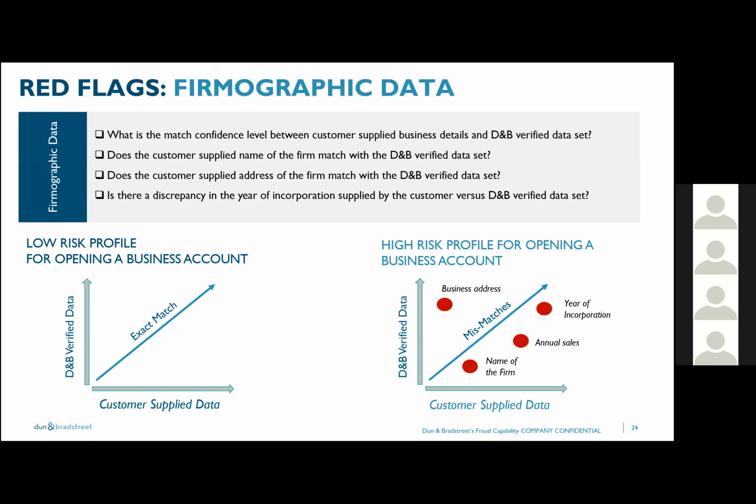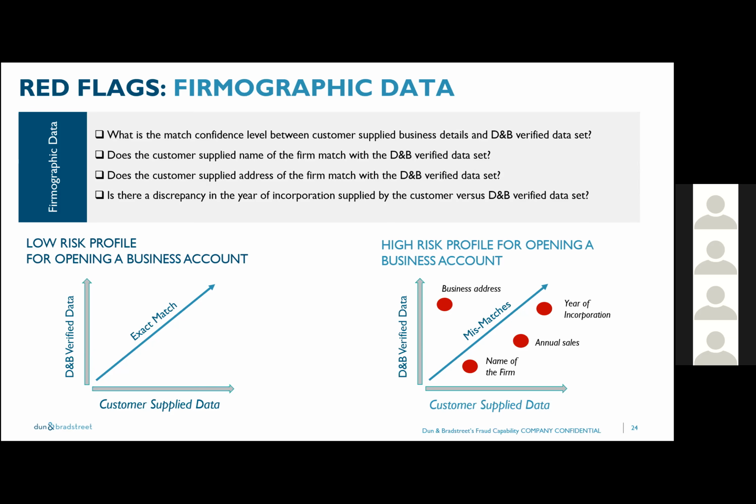On the right-hand side, though, it's very clear this is a high-risk profile. We're not just seeing one discrepancy. We will be seeing multiple data discrepancies in terms of what they tell us and what we know, right? So here we see discrepancies in terms of address, incorporation year, or annual sales. These are all the red flags we have developed.